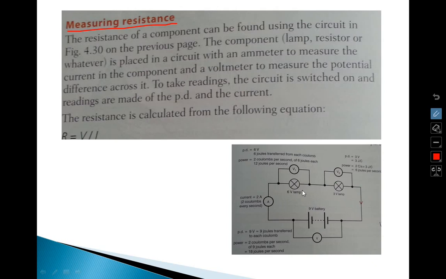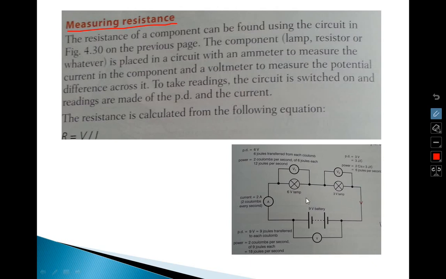For any component in this circuit, for example this lamp, a heater or a resistor, there is an R inside it. There is a value of R, and we need to measure that resistance.